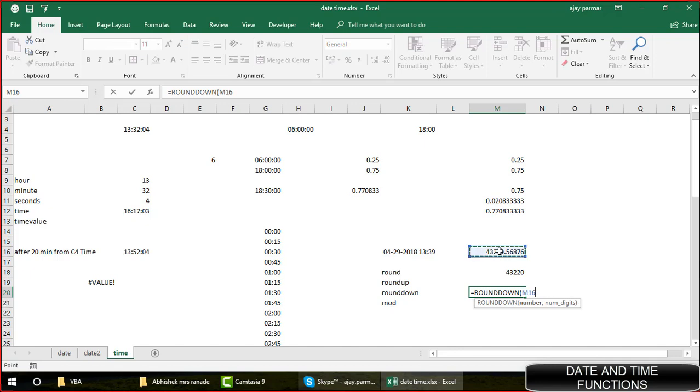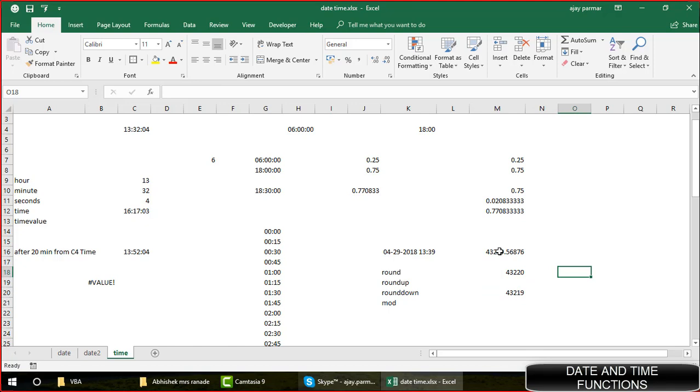Go in this cell and say 0. Can you see that? It is going to remove the decimals. The ROUND function works on this greater than 5 rule. If the decimal digit is greater than or equal to 5, add 1 to the last number. If less than 5, do not add anything.